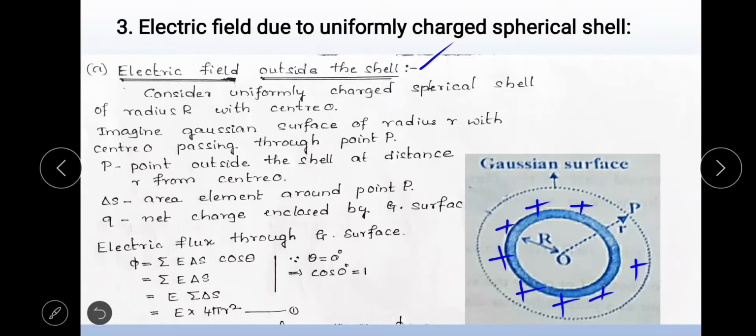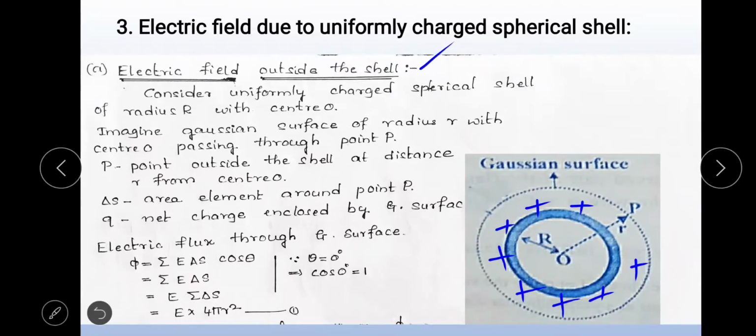Here you have to consider a point P, or point of observation, outside the shell. At that point you have to calculate the electric field intensity due to this uniformly charged shell.